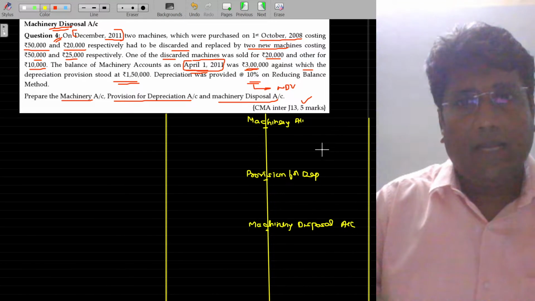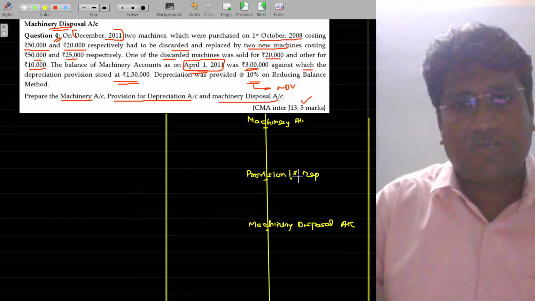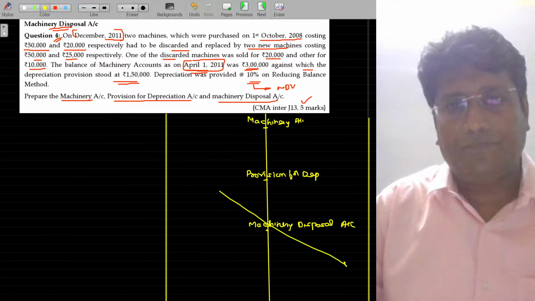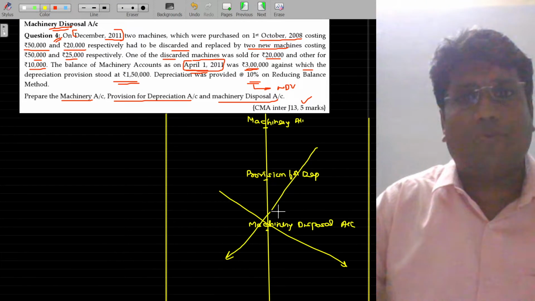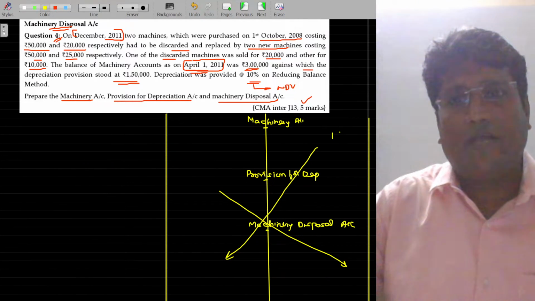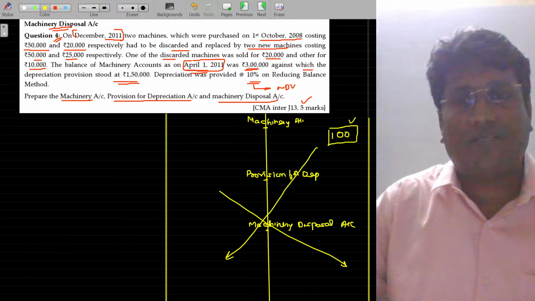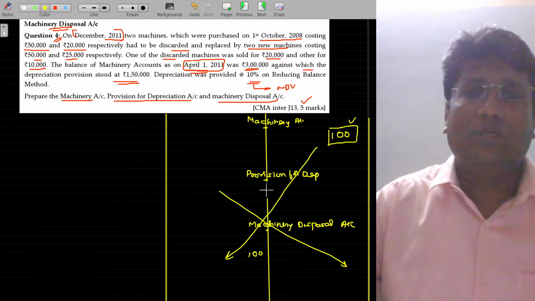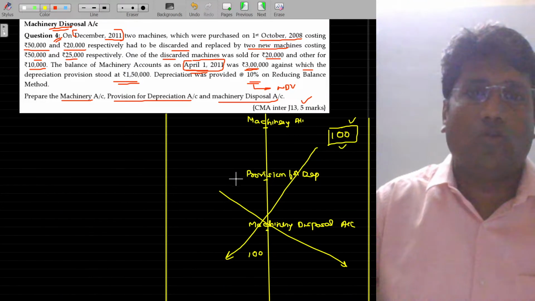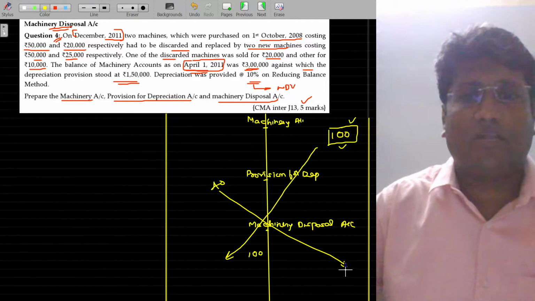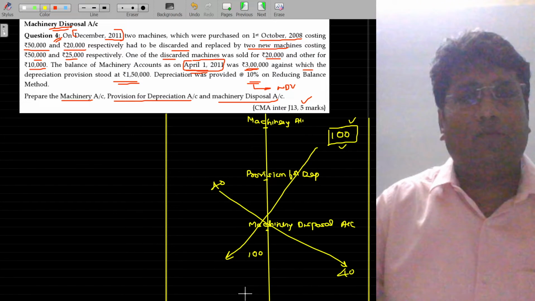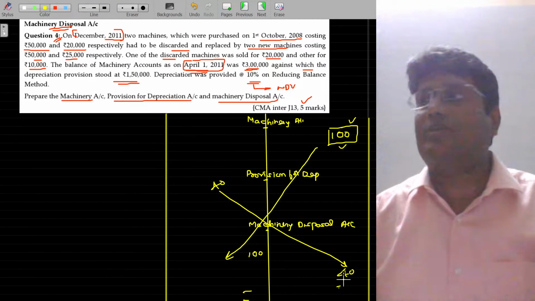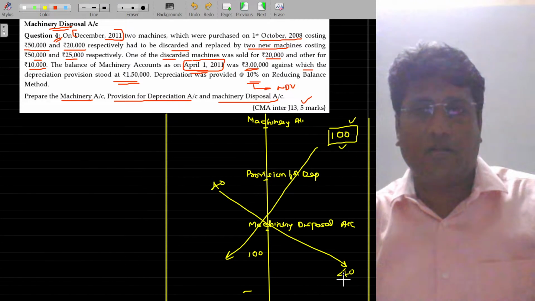If the asset sold has an original value of 100, then it is transferable to the machinery disposal account, and depreciation on the asset sold being say 40 should also be transferable. Then whatever the sale happens, it's routed through the machinery disposal account only. Is that okay? This is the model here.